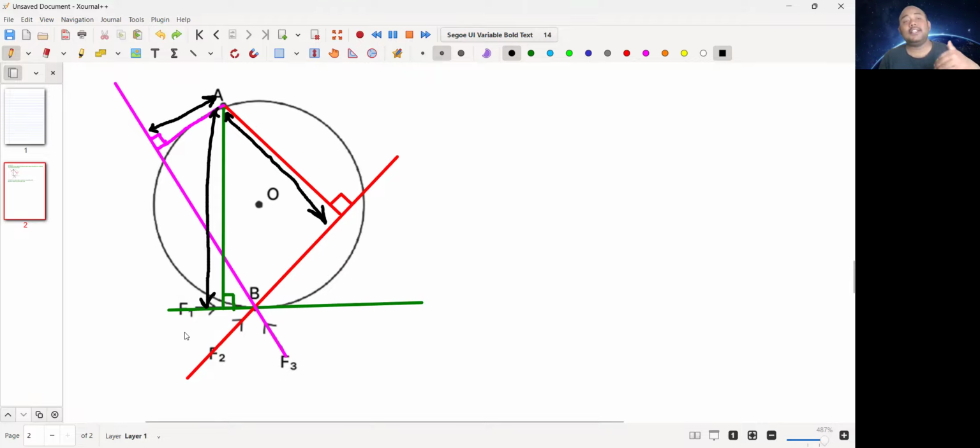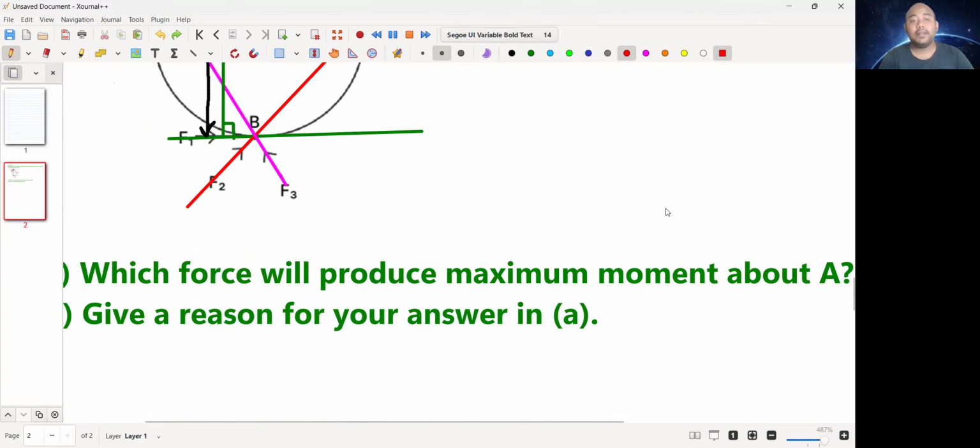F1 is at the largest perpendicular distance from the pivot A. So F1 is producing the largest moment. Now you can also tell me which force is producing the smallest moment. That is this pink line, no? So that is F3. F3 is at the smallest perpendicular distance from the pivot A. So F3 is producing the smallest moment.